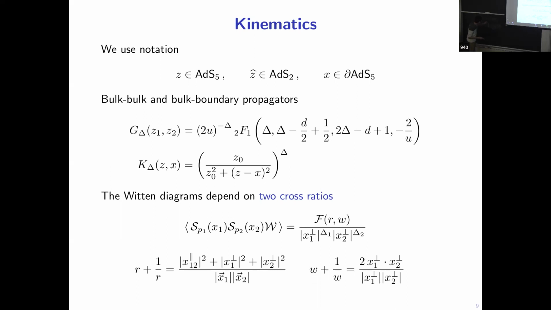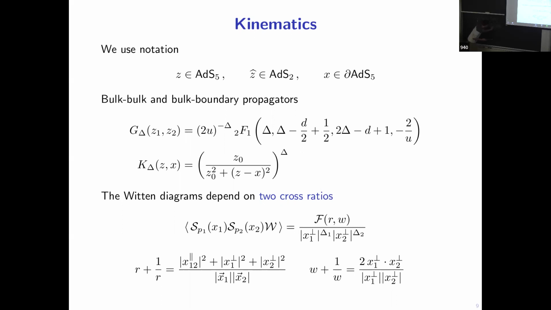You can go to a plane where you have some operator here, O1, and some operator here, O2. Then you put them in the same plane by conformal transformations, and the coordinates of this plane are z and z bar.